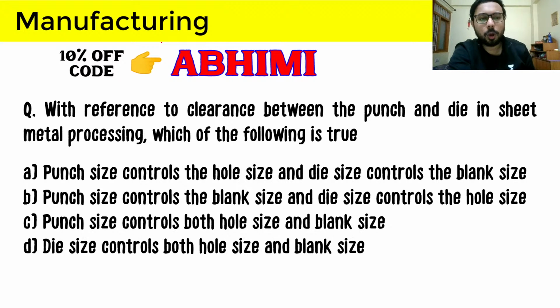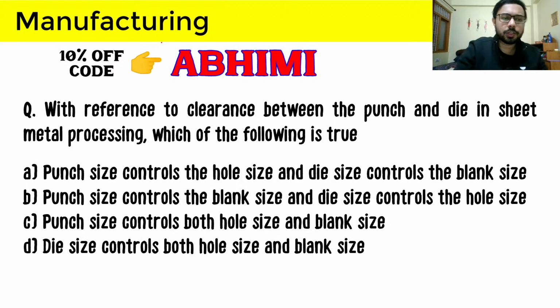So which of the options is correct? Basically, by controlling it means: is the punch size equal to the hole size in a punching process, and is the die size equal to the blank size in the blanking process? Is it like this, or the other way around, or option C or D?